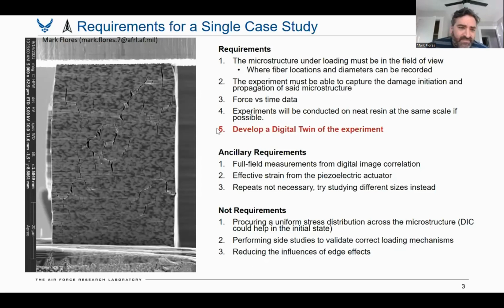These microstructures have lots of heterogeneity, so obtaining a uniform stress is hard to do. Performing size studies to validate, I don't necessarily do this because we do have some interesting geometries. And reducing the influences of edge effects. Those are important factors, but it's hard to do those things at these particular scales.